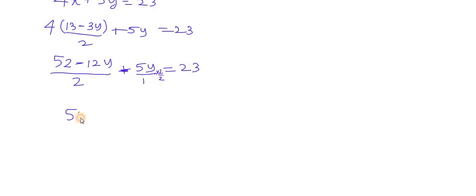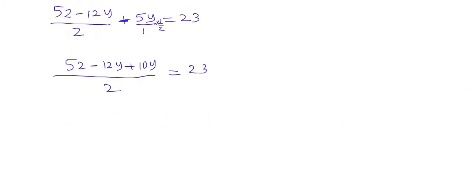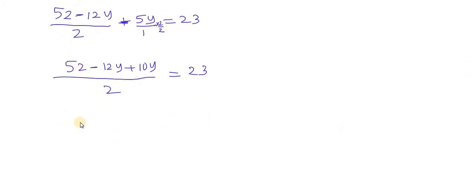You'll get 52 minus 12y, plus 5 times 2 is 10y, divided by 2 into 1 is 2, which equals 23. Now simplify further: 52 minus 2y divided by 2 equals 23.